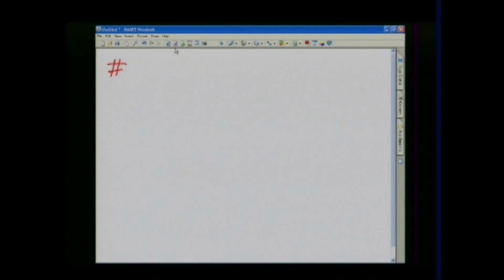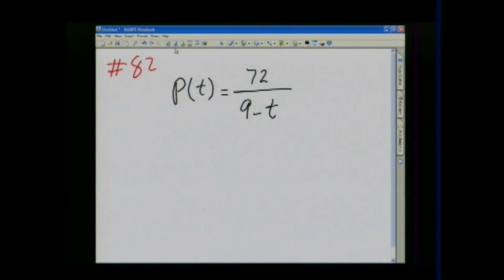It says the population of a certain breed of rabbits introduced into an isolated island is given by P(t), the population of rabbits, as a function of time, equal to 72 divided by 9 minus t, where t is greater than or equal to 0 and less than 9, and t is measured in months.